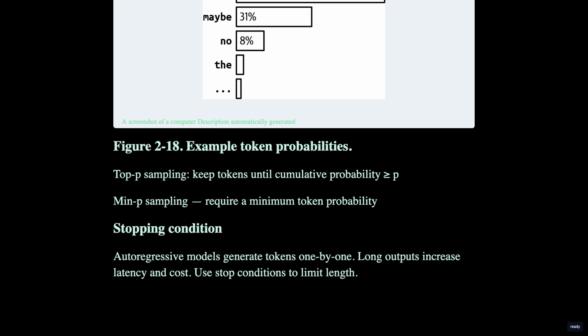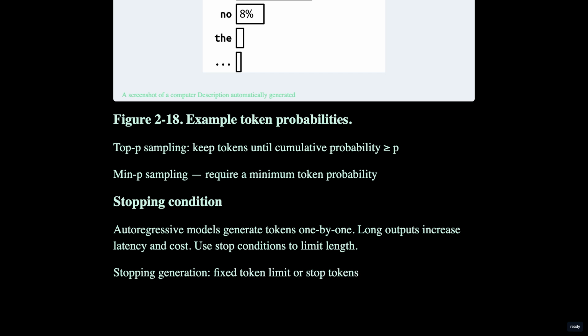Long outputs can also annoy users or waste budget, which is why we often enforce a stop condition to end generation when appropriate. One simple approach is to truncate output after a fixed number of tokens, but that often slices sentences in the middle. A cleaner method is to provide explicit stop tokens or stop words, for example, the model's end-of-sequence token, so it finishes naturally.